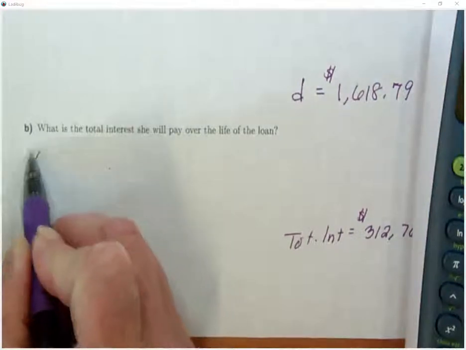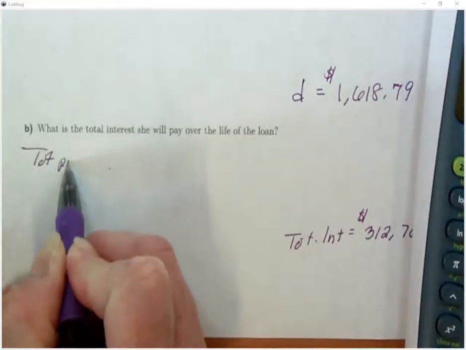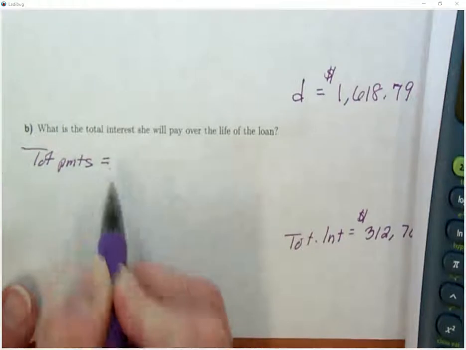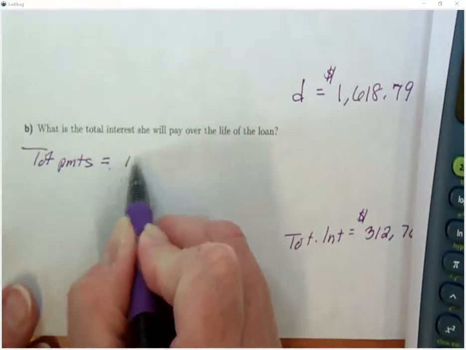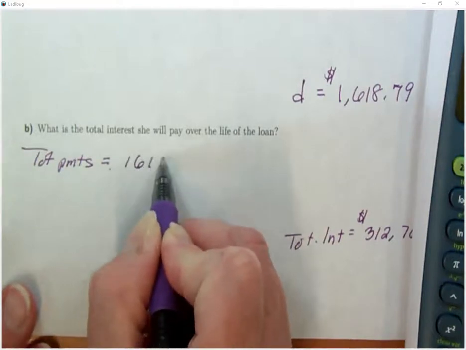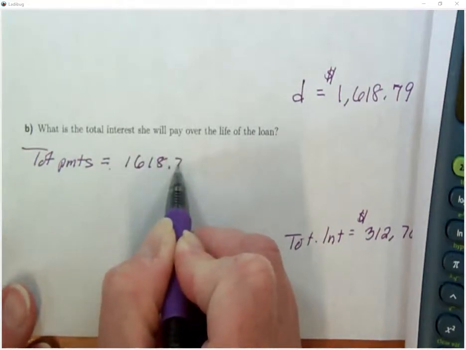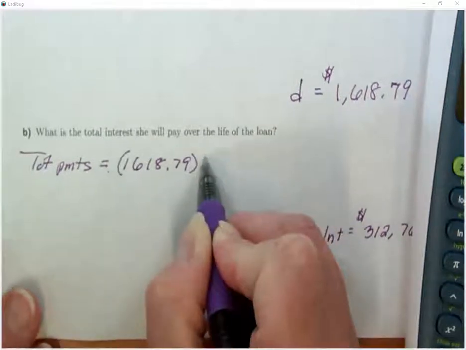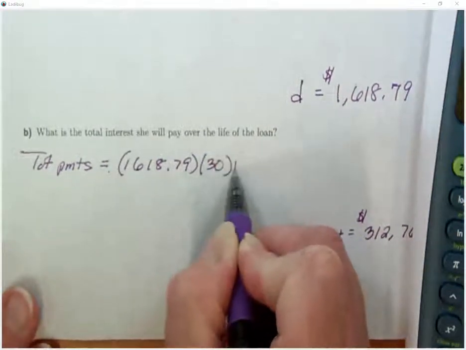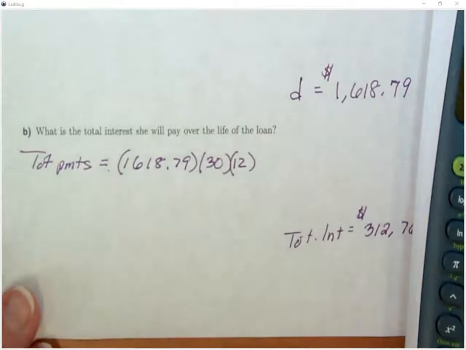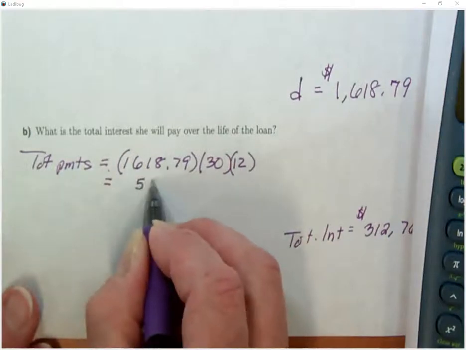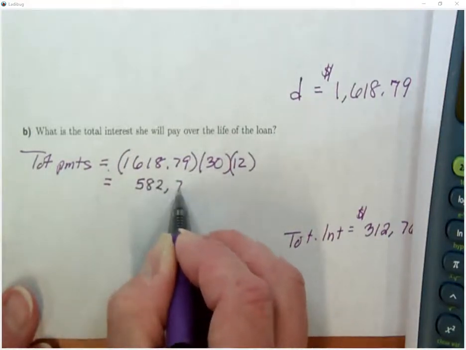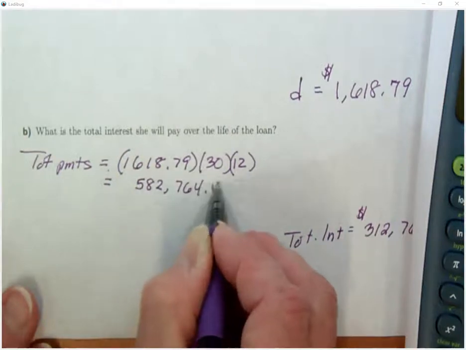So your total payments, remember before we kind of had that in 2 steps, so we take the D that we found, multiply by the number of years times K, and that should come out to be $582,764.40.